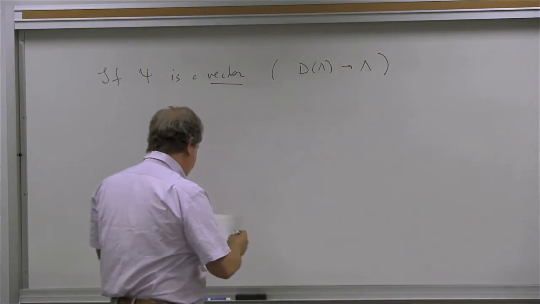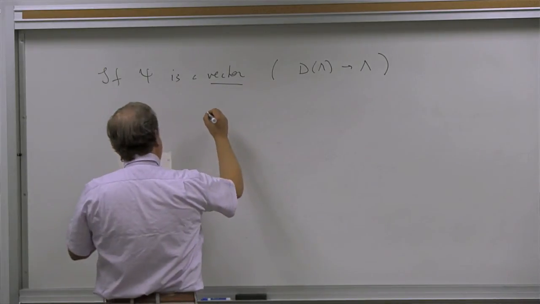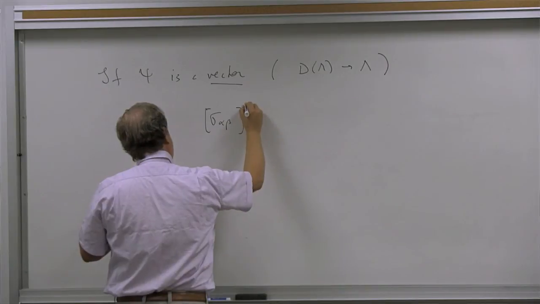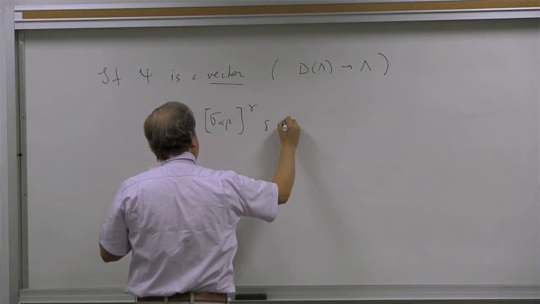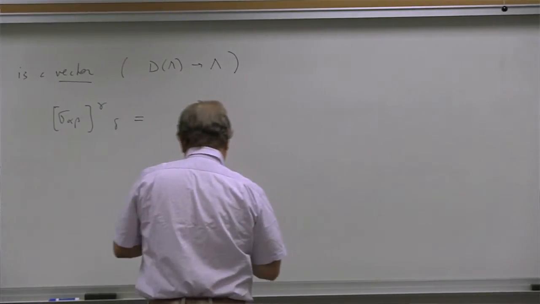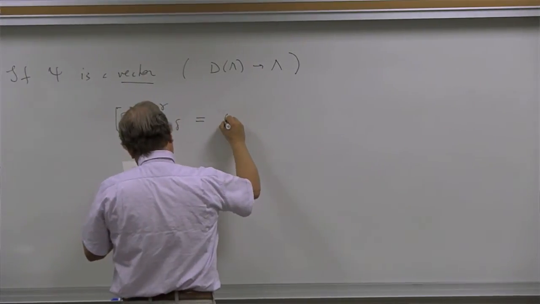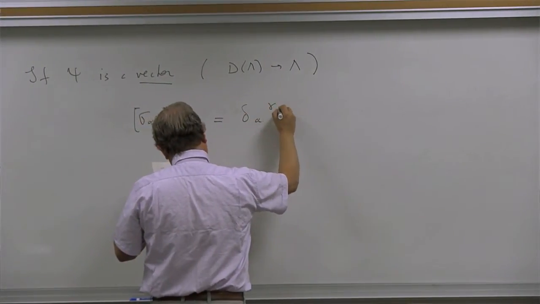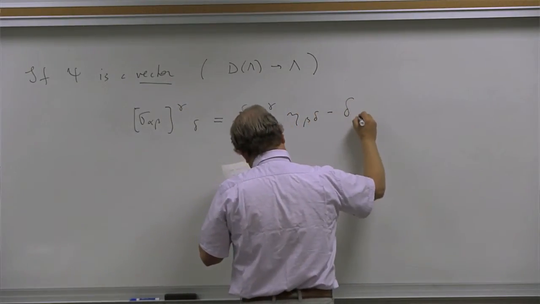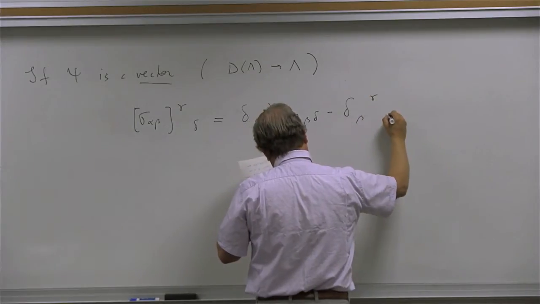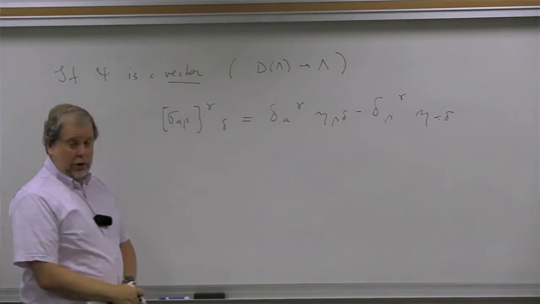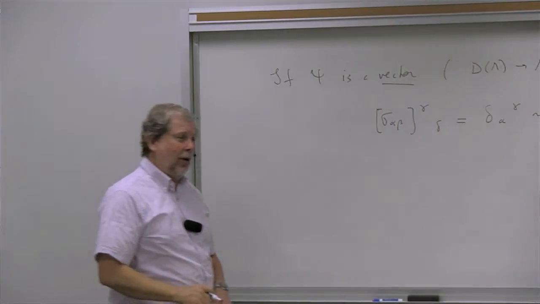And in that case, we have that sigma alpha beta, gamma delta, just from the rules of the Lorentz transformation, is equal to delta alpha gamma eta beta delta minus delta beta gamma eta alpha delta. Well, which looks pretty intimidating.